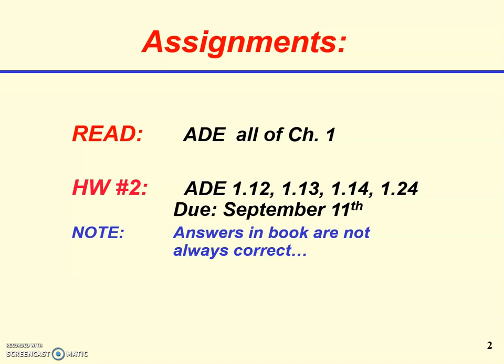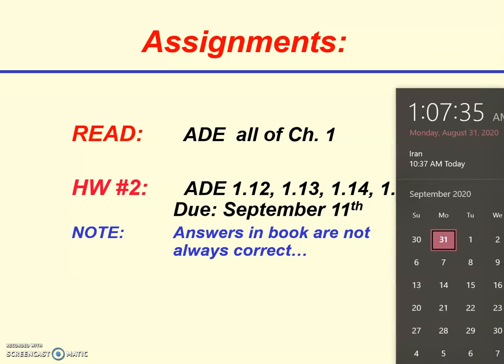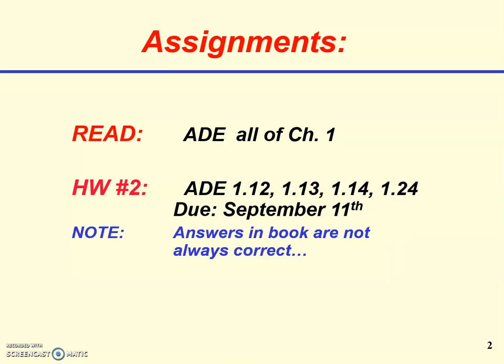I think the deadline is not correct here. The deadline should be September 13, I believe.